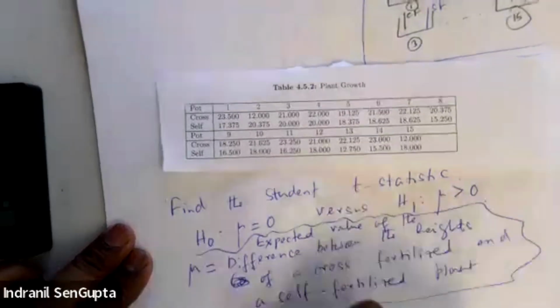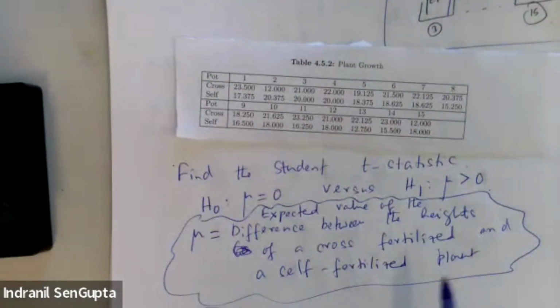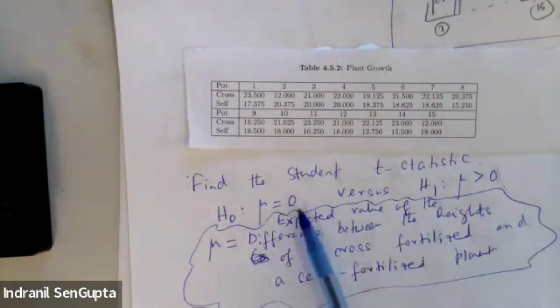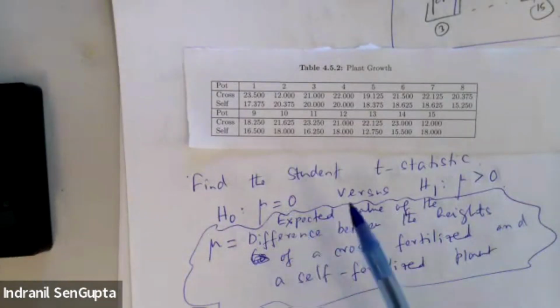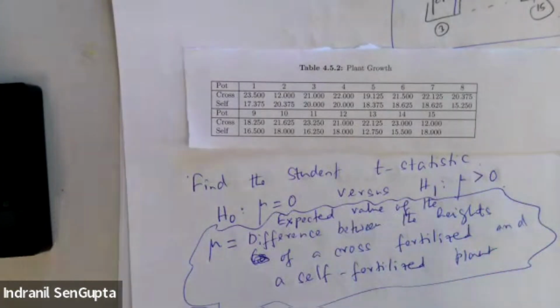That's what we're trying to check: whether the cross-fertilized plants are taller than the self-fertilized plants. Because if mu is 0, the expected value is the same, so there's no difference. However, if this is positive, that will help us with the conclusions.